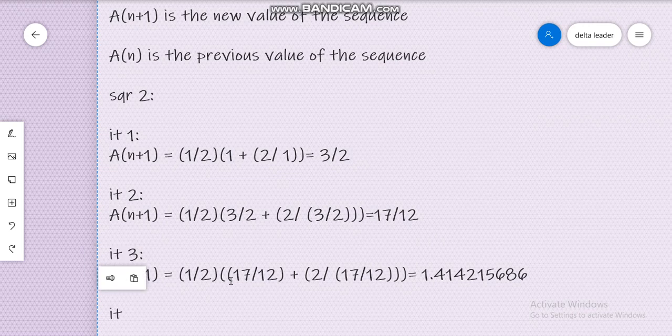For the fourth iteration, as you can see, the value here is becoming really close to the real value of the square root of 2, the value that we know from the calculator.